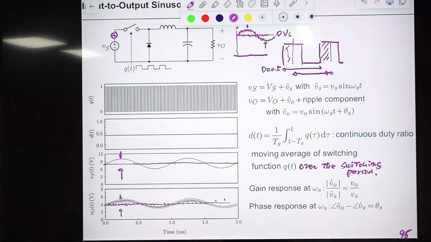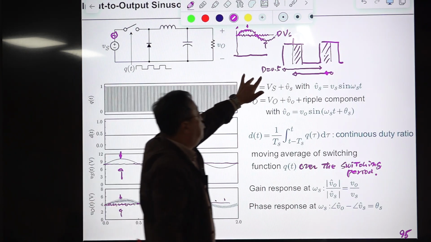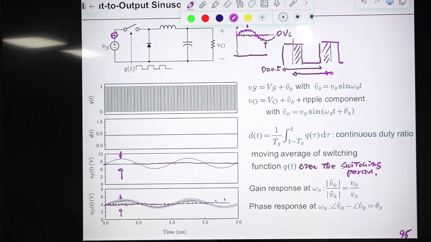For this situation, you are integrating this plus this. Okay? So we lost this much, but we gained this much. So the integration divided by Ts will remain the same. And if we slide further in the right direction, then this will be the same. So all of the D is 0.5. Okay, let me clarify this.